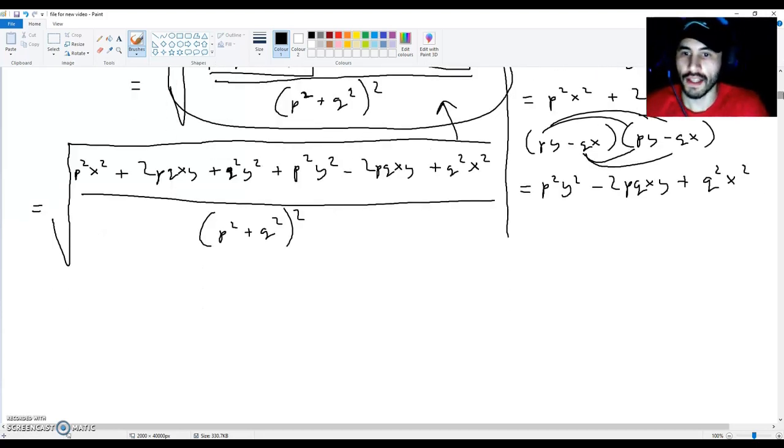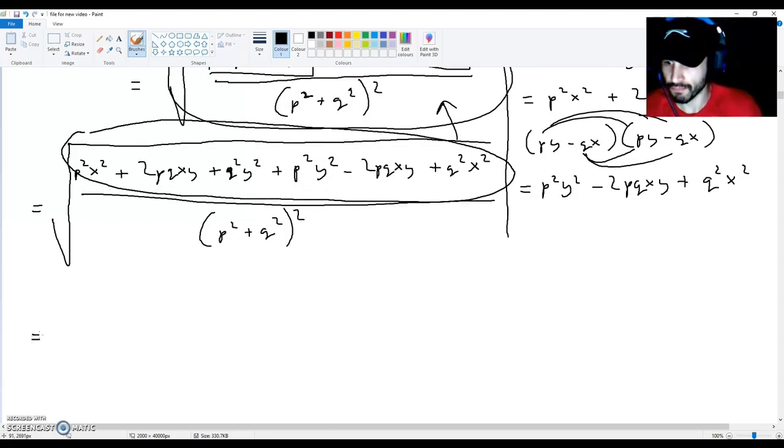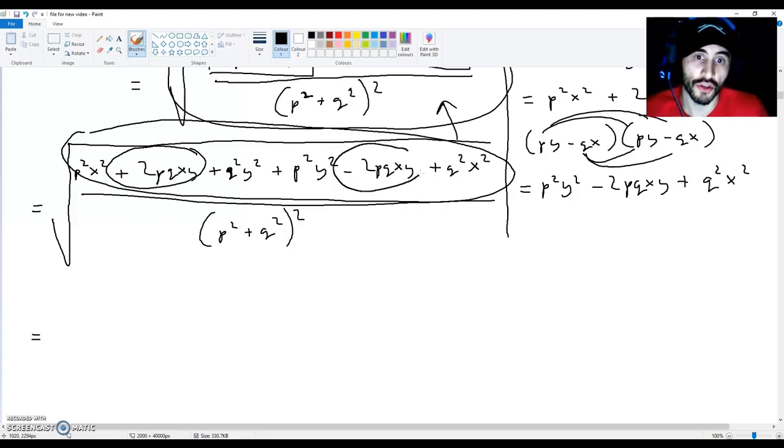Now, what is this chunky thing over here? Can it be simplified? I think it can. We've got a 2pqxy here, and we've got a minus 2pqxy over here, so they cancel each other out.